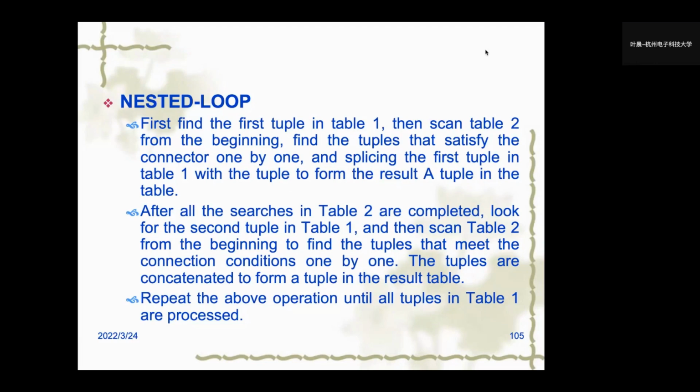table 2 from the beginning to find the tuples that meet the conditions one by one, and the tuples are concatenated to form a tuple in the result table. So it will repeat the above operation until all tuples in table 1 are processed.